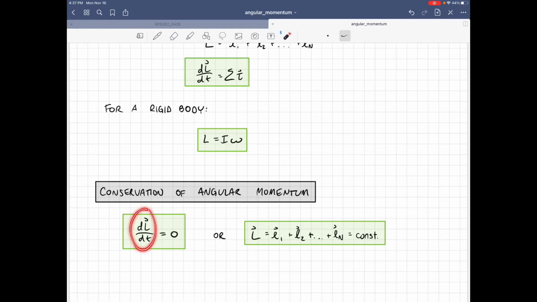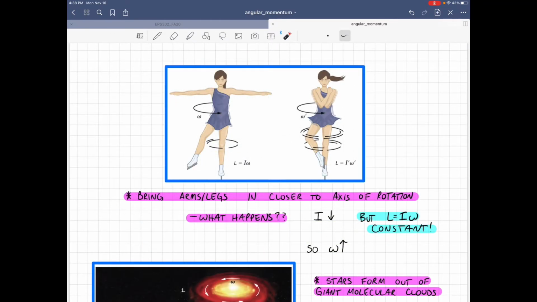So at any time, the total angular momentum will be the same value. So that could be written as, take the derivative with respect to time, that's equal to 0, or that the total angular momentum, which equals add up all the terms, is some constant value.